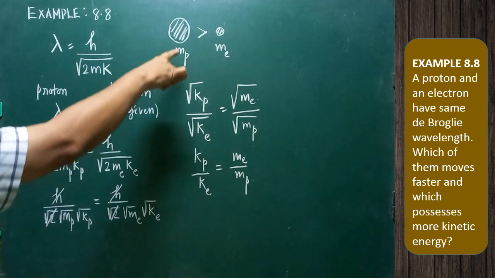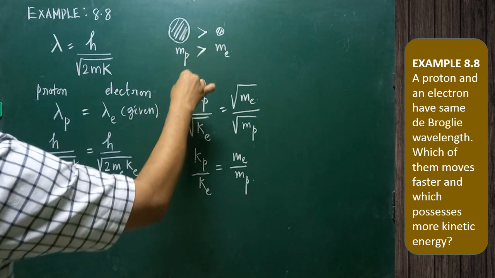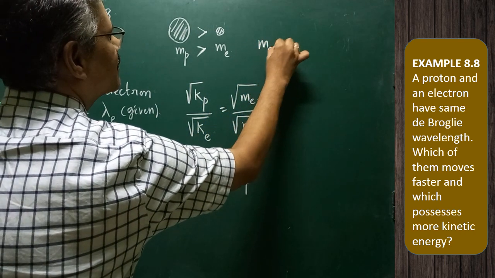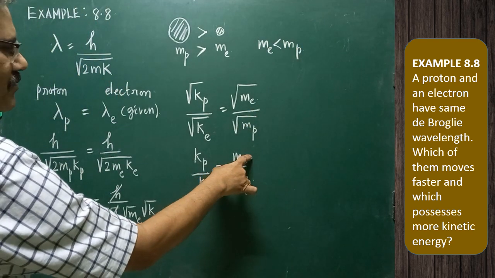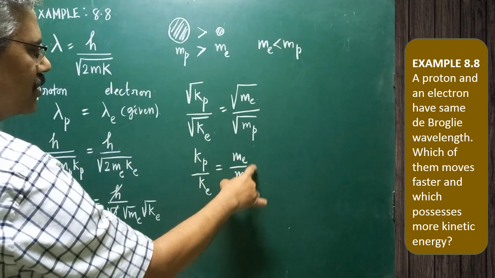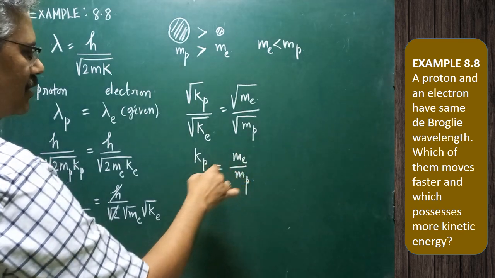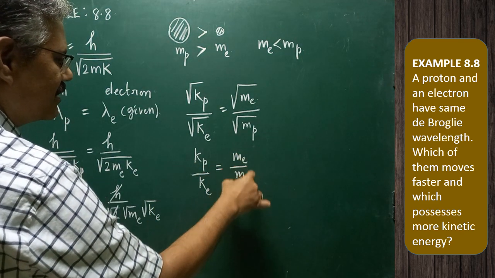Look at here, I have already told you the mass of the proton is greater than the mass of the electron, or you can say the mass of the electron is lesser than the mass of the proton. If you divide these factors, you will get a fractional number. Are you clear? This is lesser, this is greater.